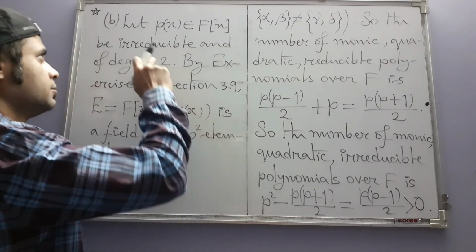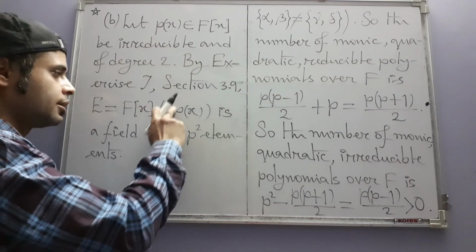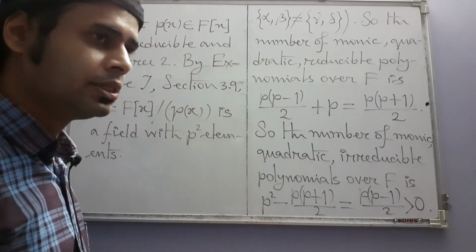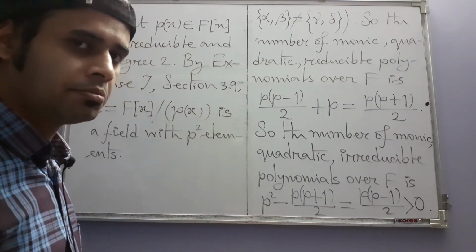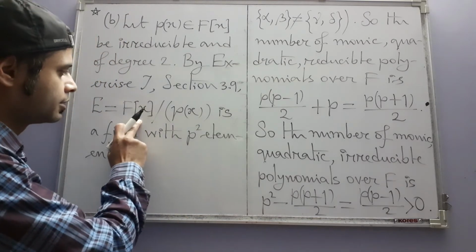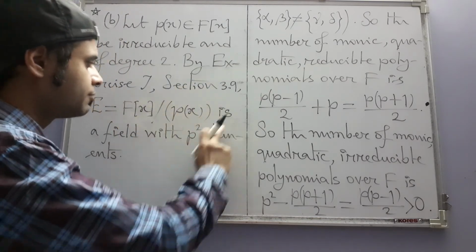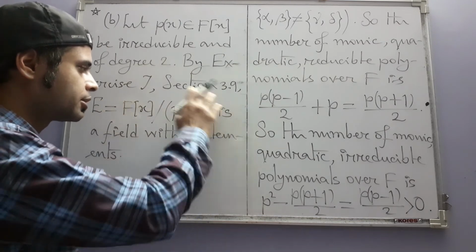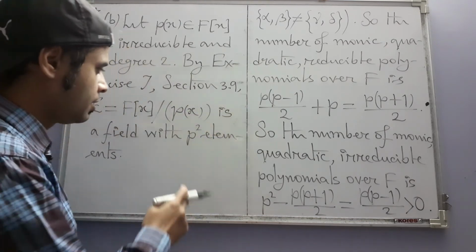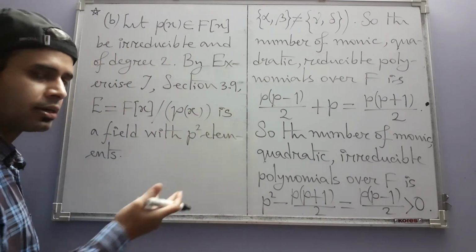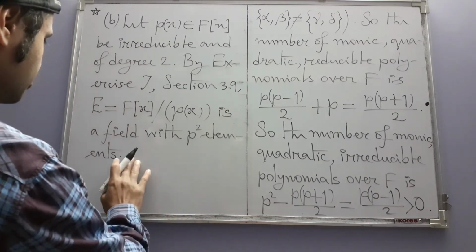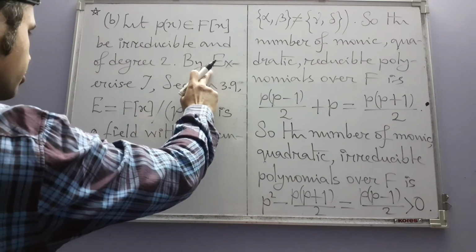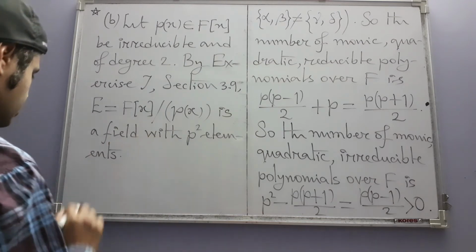P(x) is irreducible, so the principal ideal it will generate will be a maximal ideal in F[x], and maximality of this ideal turns the quotient ring into a field. And p square elements, of course, you will be able to see why if you go back to the solution to this exercise. Okay, so this is part B.